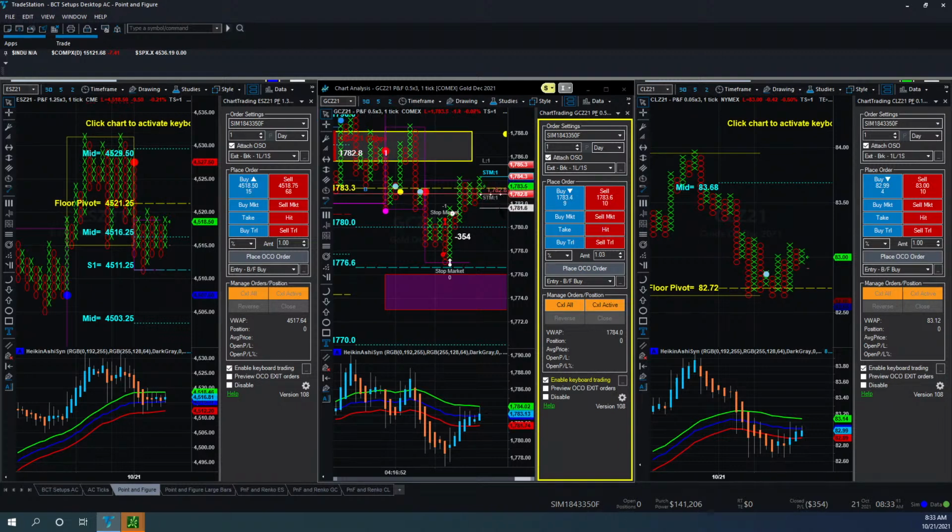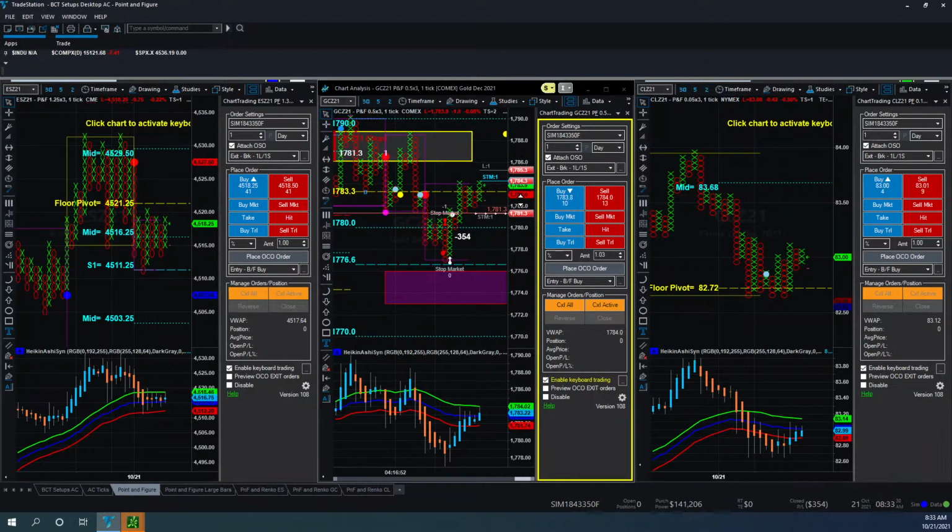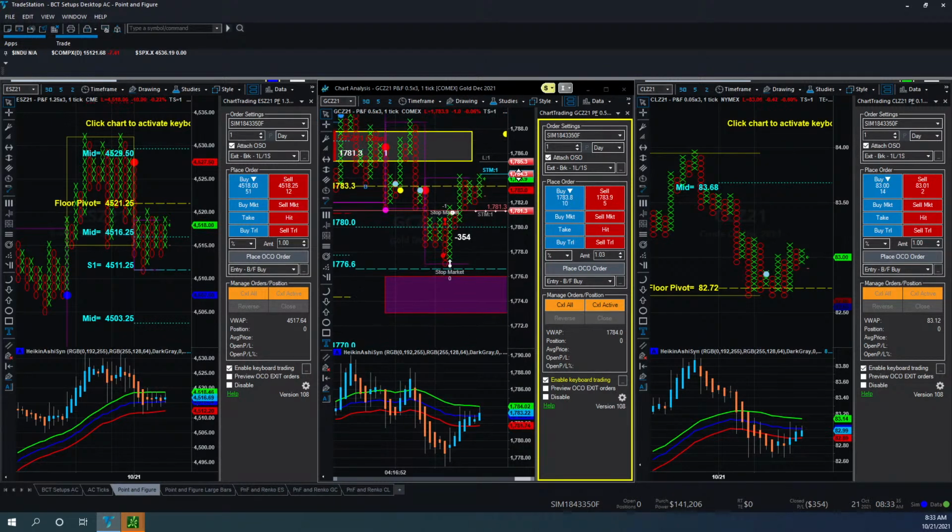We'll see if we are moving out of this range here. And going down. Wanted to break, but it didn't. It's still in the range.